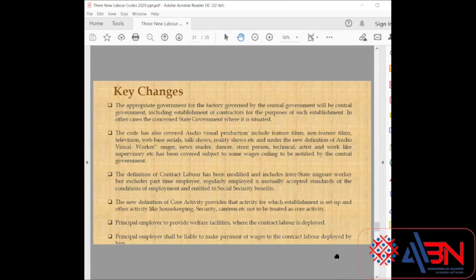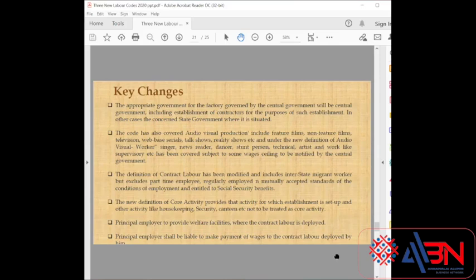Similarly, the principal employer must provide all welfare activities wherever contract labor is deployed, and the principal employer is liable to make payment of wages to the contract workers. There have been a lot of issues we have seen in the last 2 decades with contract workers and the principal employer, as in who is the principal employer for the contract workers.